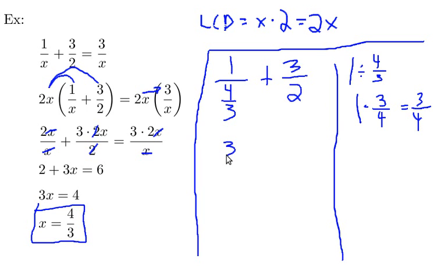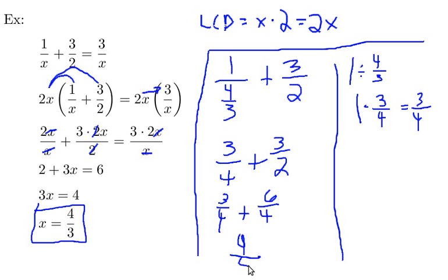So we have 3/4 plus 3/2. And we need a common denominator, so we'll have 3/4 plus 6 over 4. So that'll give us 9 over 4.